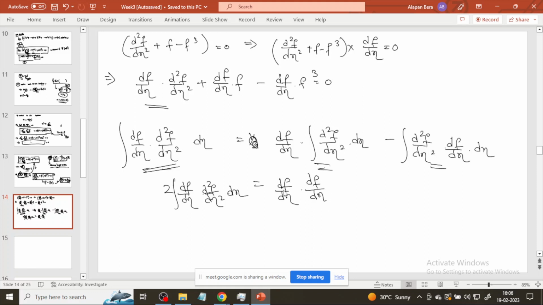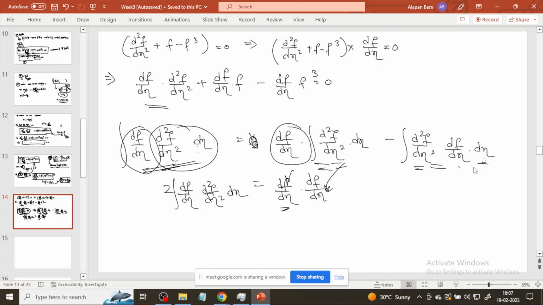So what we have done is integration by parts. The first term is df by d eta, taking the integration on this term only, which gives us this term. The second term is the derivative of the first term with respect to eta, times the integration of the other term with respect to d eta.